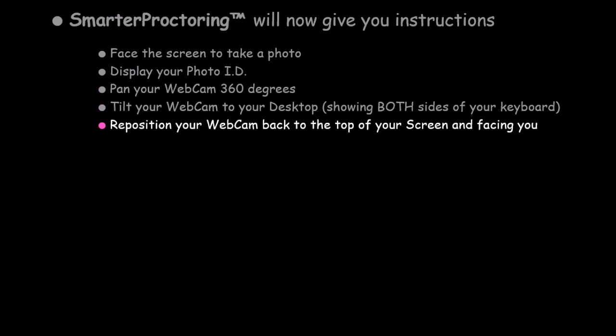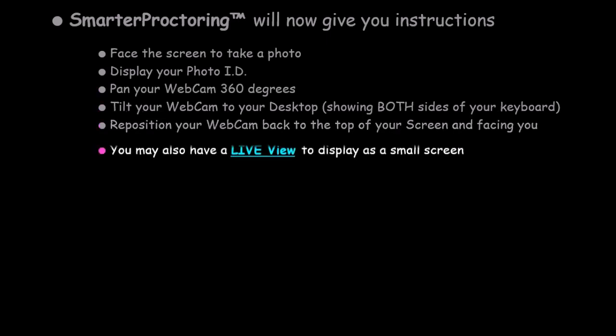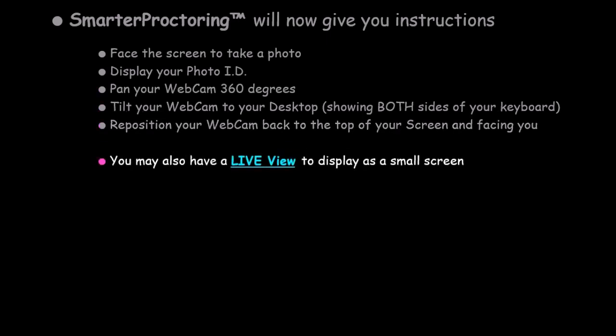Again, it can't be on either side of the screen, and it has to be facing you throughout the whole exam. There's something that you can also use. You could fiddle with this when you do the syllabus quiz. There's something called a live view, and basically it's a little video of yourself as it's happening.